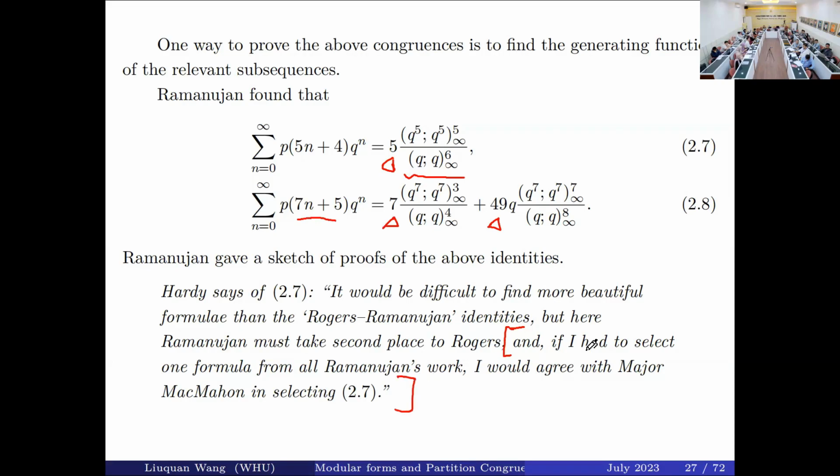And if I had to select one formula from all Ramanujan's work, I would agree with Major Wang in selecting 2.7. So in other words, Hardy says that this formula is the most beautiful formula of Ramanujan. Yeah, this is Hardy's comment.